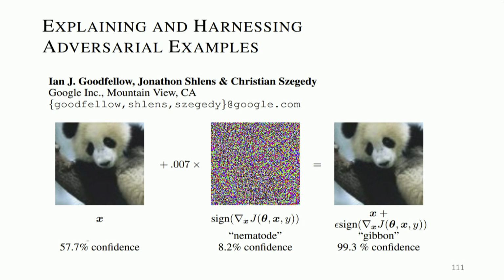The noise here looks not really imperceptible, but we've highlighted it significantly so that we can visualize it on a slide. But adding that noise, we still see the result as a panda image, right? So to the human eye, it still looks like the same image. But by adding this imperceptible noise, we can actually fool the deep learning system into thinking that this image has a gibbon in it instead of a panda.